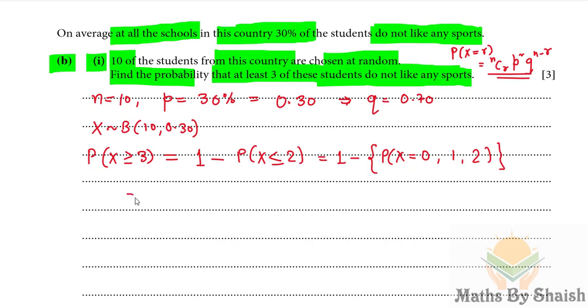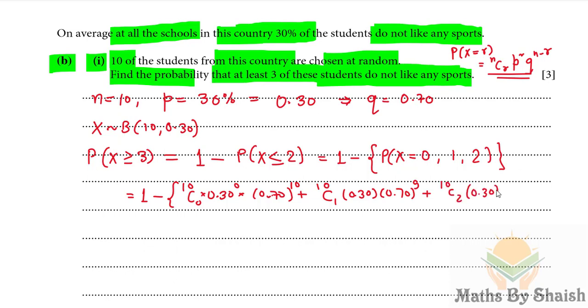So we will get 1 minus curly bracket 10C0, 0.30 to the power 0 and 0.70 to the power 10, plus 10C1, 0.30 to the power 1 and 0.70 to the power 9, plus the last, 10C2, 0.30 power 2 and 0.70 power 8. So we will calculate now by calculator.